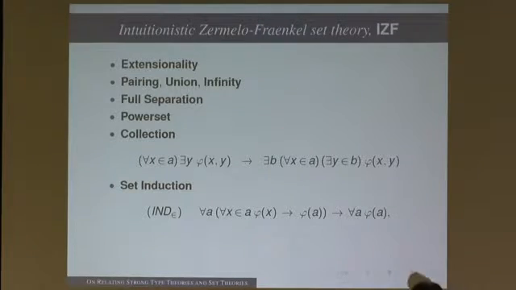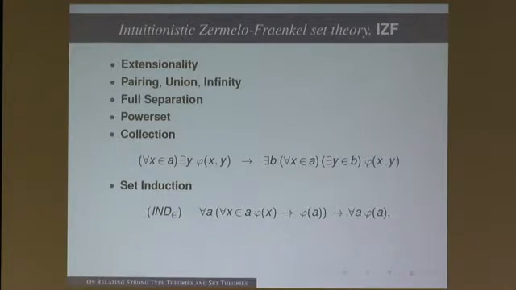Because replacement says that if for all x and a there's a unique y, then you can collect these y's. But in intuitionistic set theory, having a scenario where for all x and a you have a unique y is rather a strong assumption. So you better relax it a little bit.